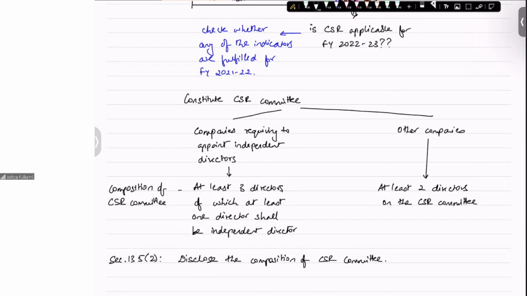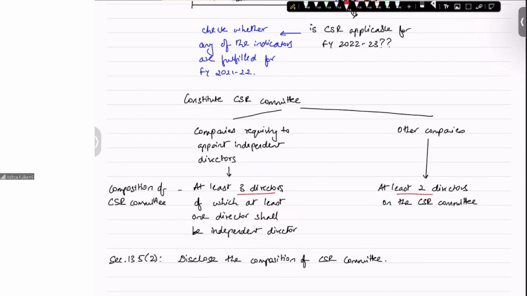So where companies require to appoint independent directors, then the CSR committee shall be formed of at least 3 directors, out of which at least 1 director would be an independent director. Okay. In the case of other companies, that means companies not requiring independent directors, then at least 2 directors shall be there on the CSR committee. So this is your obligation.